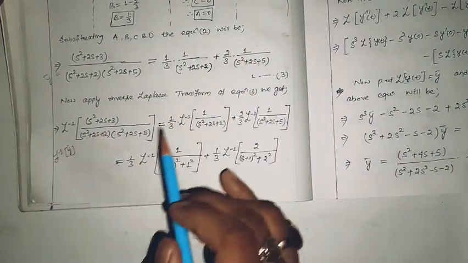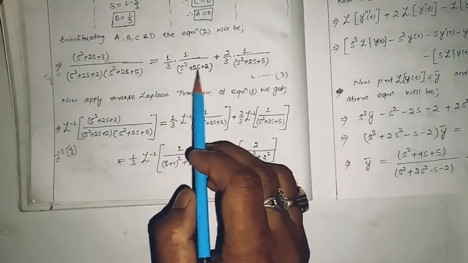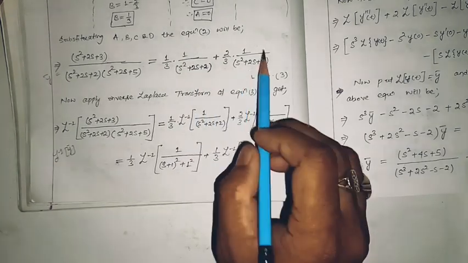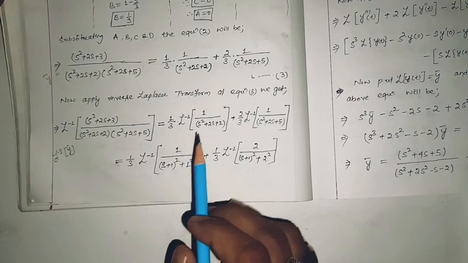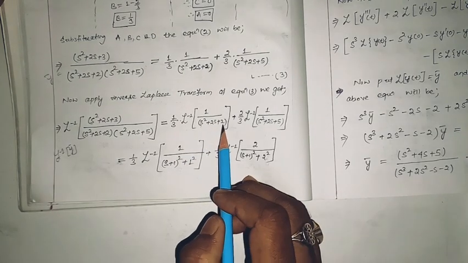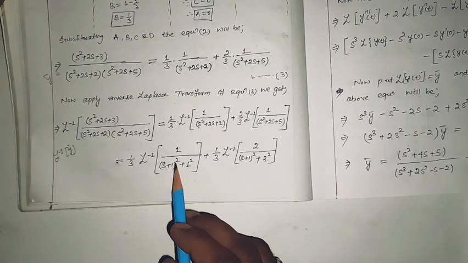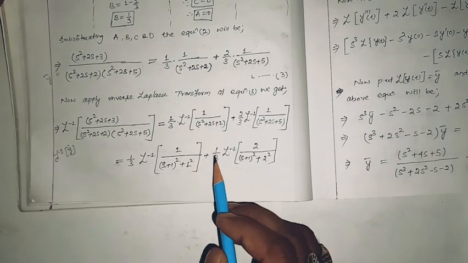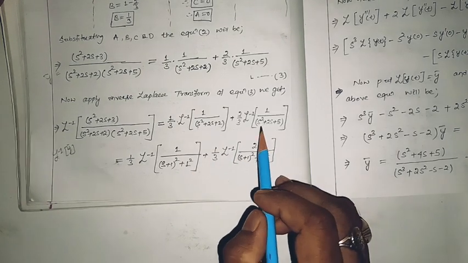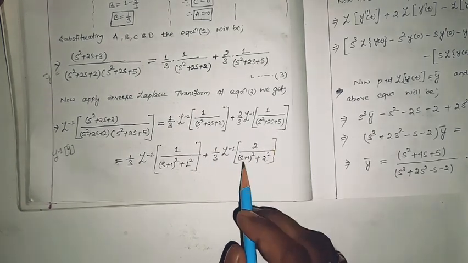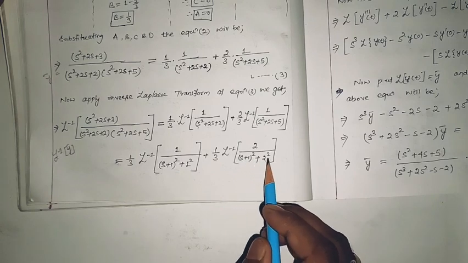Inverse Laplace transform of this one, 1 by 3 inverse Laplace transform of this one, 2 by 3 inverse Laplace transform of this one. 1 by 3 inverse Laplace transform of s square plus 2s plus 2 can be written as (s plus 1) whole square plus 1 square. 1 by 3 inverse Laplace transform of s square plus 2s plus 5 can be written as (s plus 1) square plus 2 square.